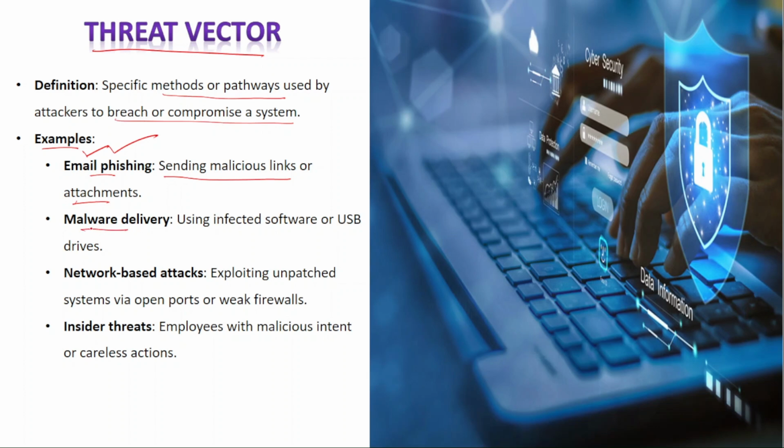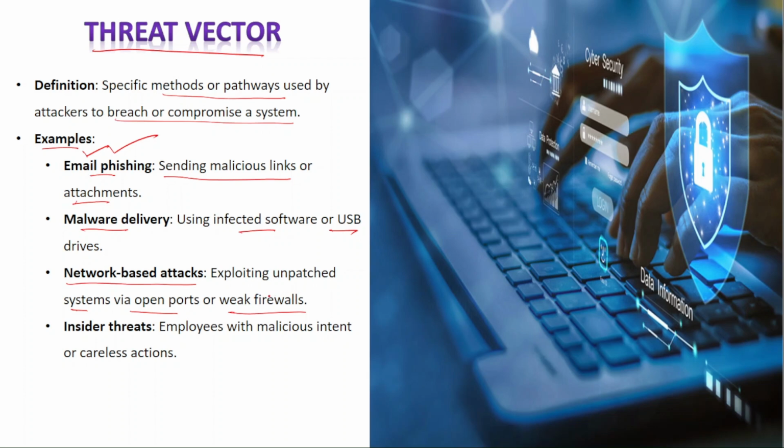Similarly, malware delivery. The threat is malware, but the threat vector may be a USB or other infected software. Similarly, network-based attacks can act as threat vectors, exploiting unpatched systems via open ports or a weak firewall. For example, you have a firewall, but the firewall policies are weak or it is not properly configured.